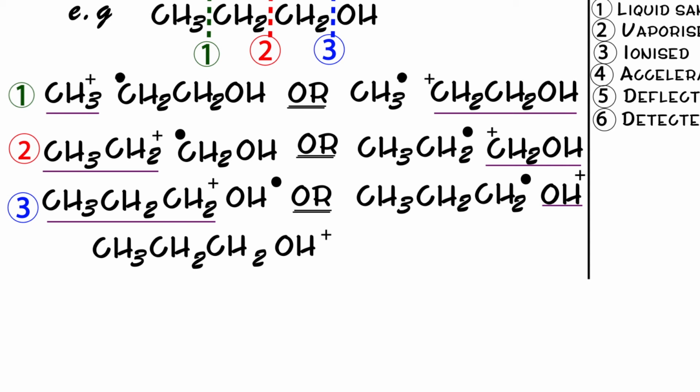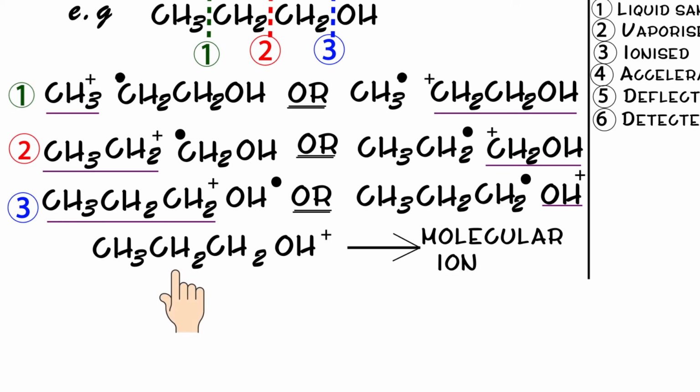This is what we call the molecular ion, because this is the molecule that hasn't been fragmented and it's the full mass. So this would be the peak that you would see on the far right-hand side of your mass spectra as well. But you would also see these bits on your mass spectra. You'd see fragments of these. Now, these have a different mass.